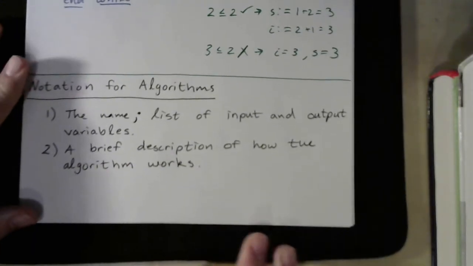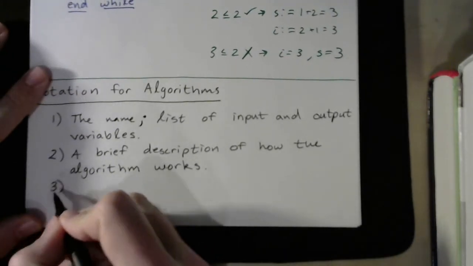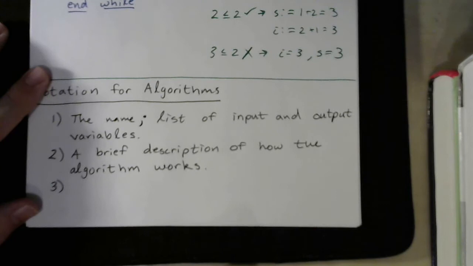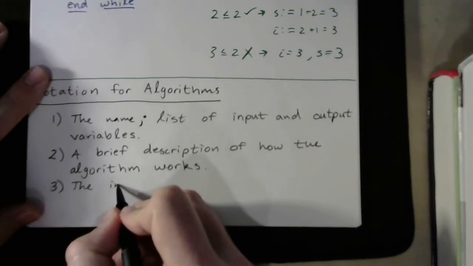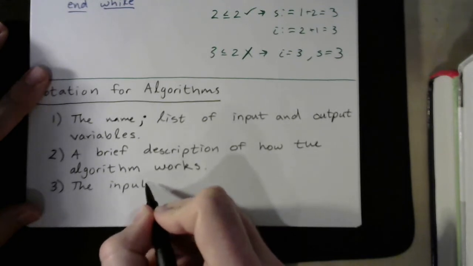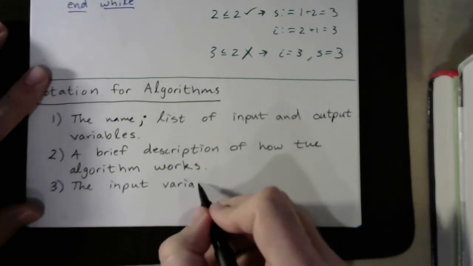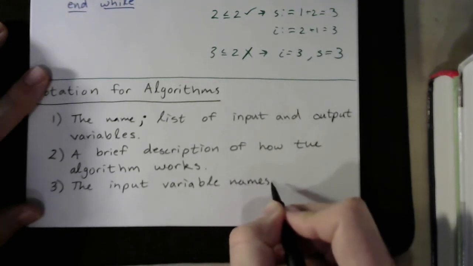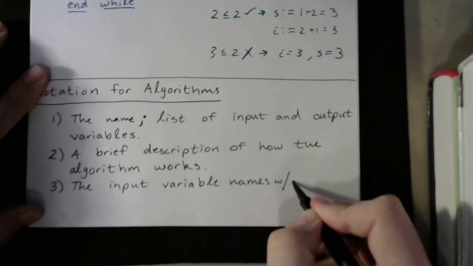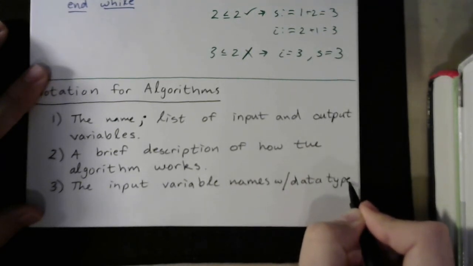You can think of this as the layman version of it. We need the input variable names, or the input variable names with their data types.